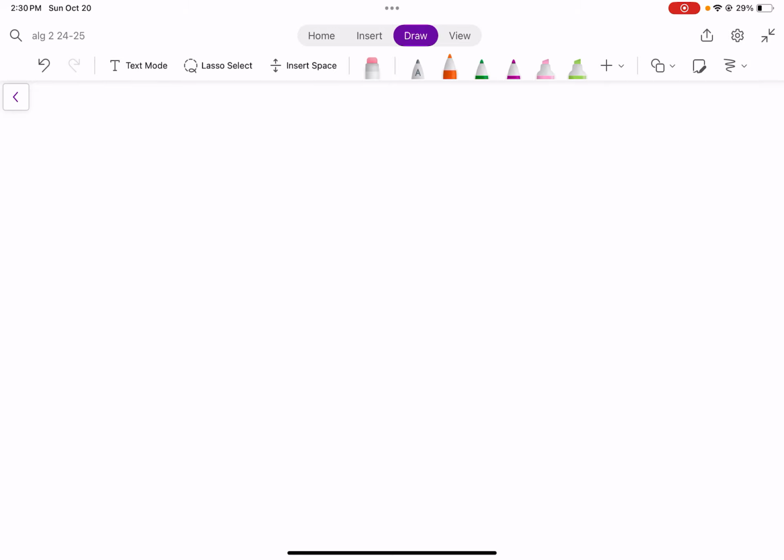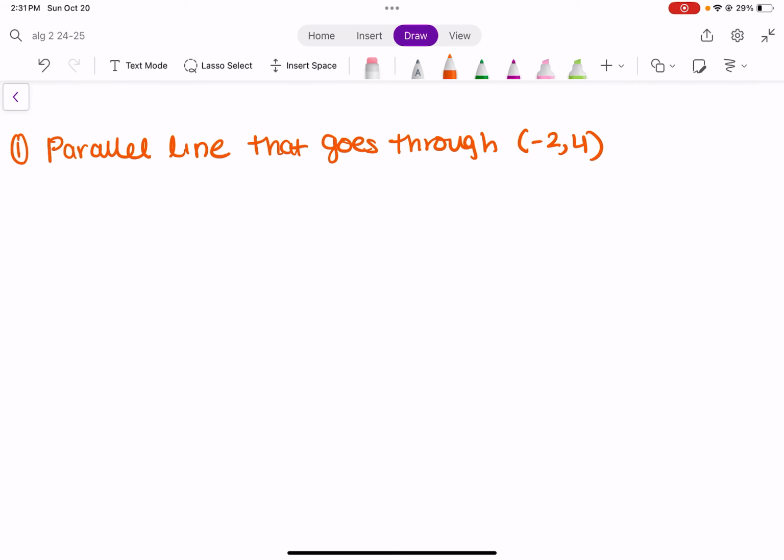Okay? So let's say we're trying to find a parallel line. So this is the first example. Parallel line that goes through -2, 4 and is parallel to y equals 7/2x minus 5.